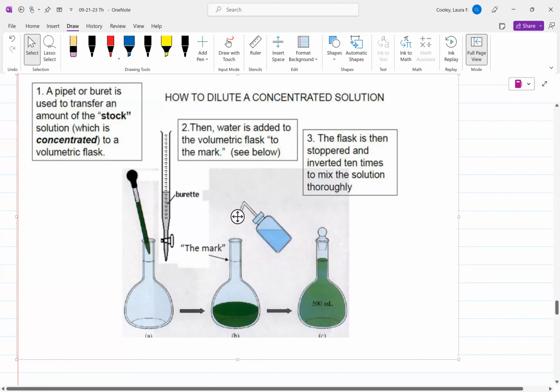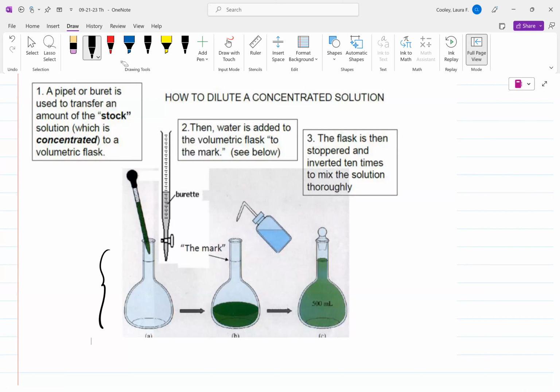Here's your flask that you want to make the solution in. And this is a pipette. And this is a burette. You could use either a pipette or a burette. You would have the concentrated solution in here, made dark so it looks concentrated.